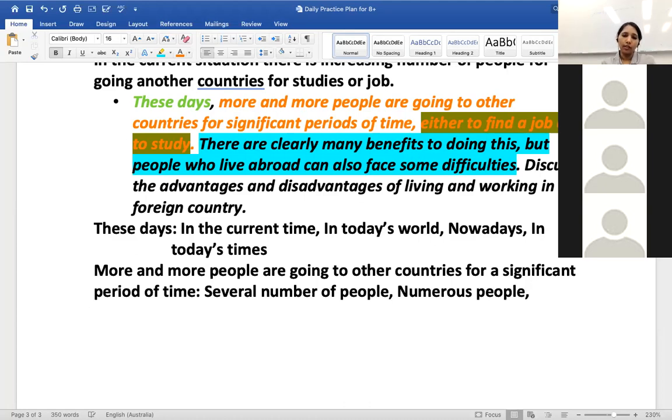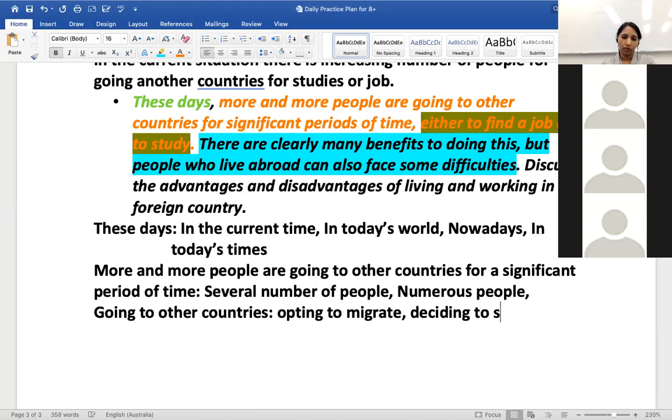So going to other countries can be opting to migrate, opting or deciding to travel abroad. Okay, something like this. For either to find a job or studies.